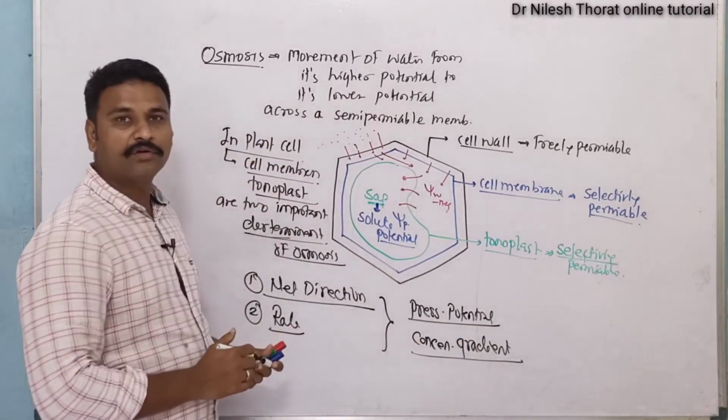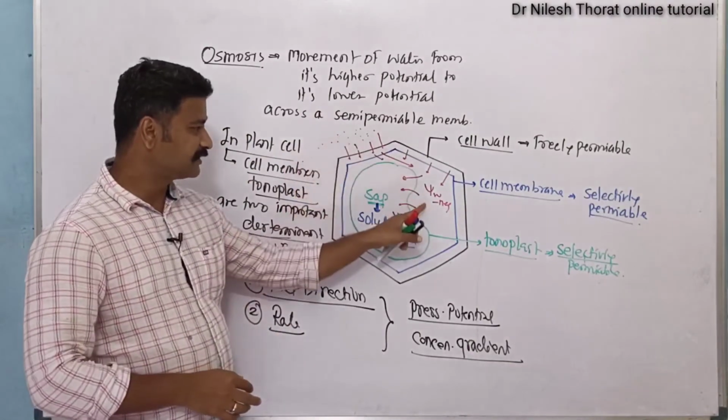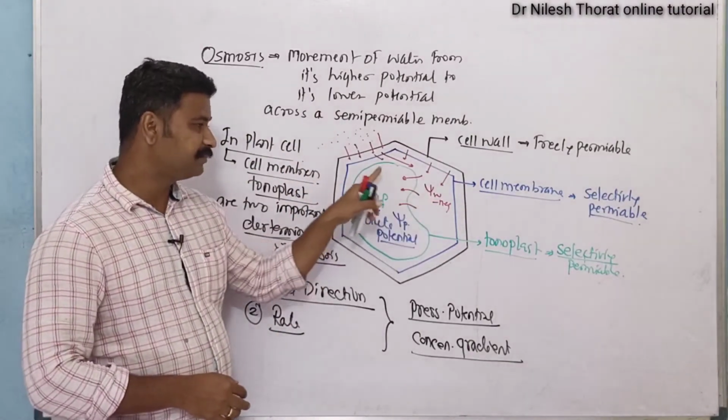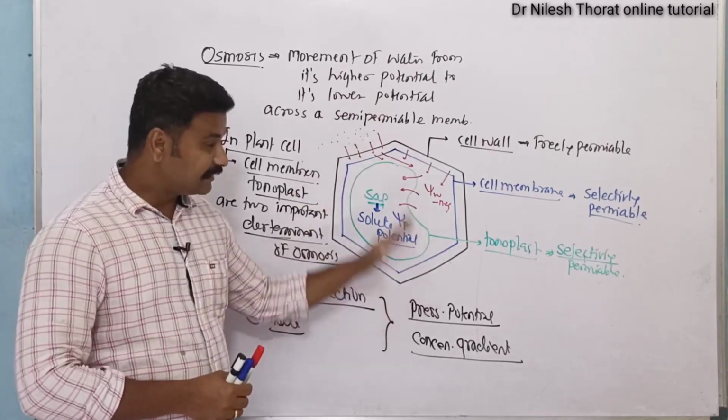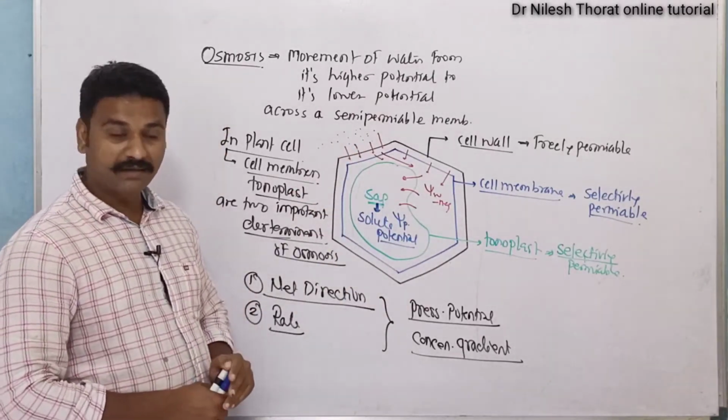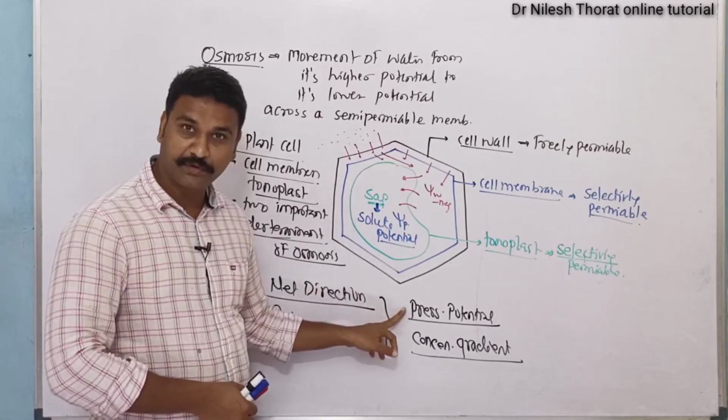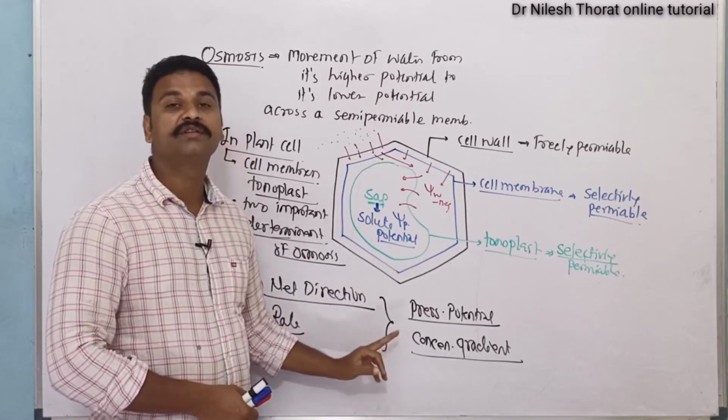So naturally the water will move from outside to inside the cytoplasm, and from cytoplasm it will move to vacuole. But the net direction of water flow is determined by pressure potential of water and the concentration gradient of water.